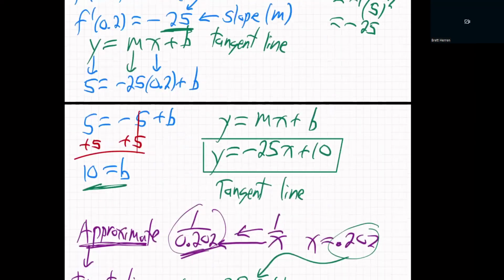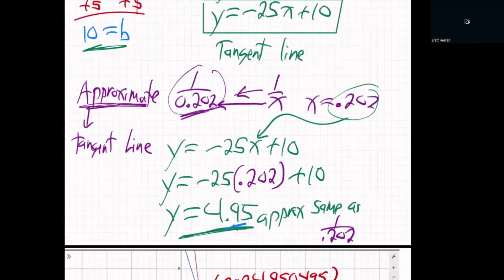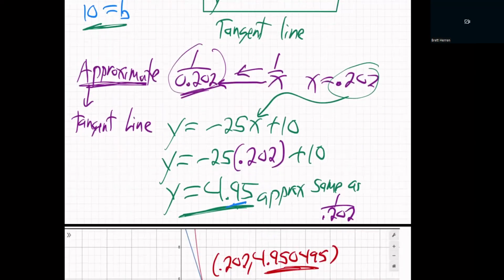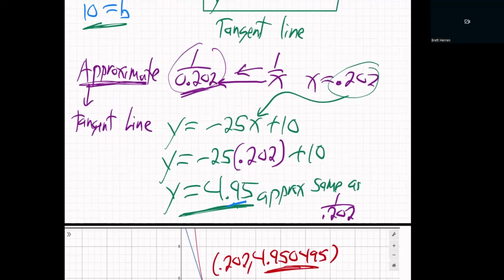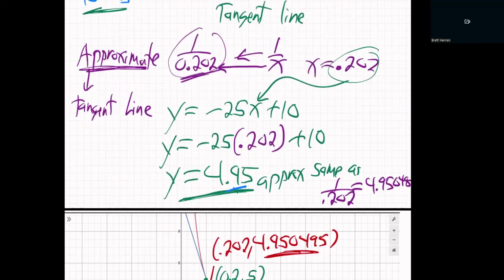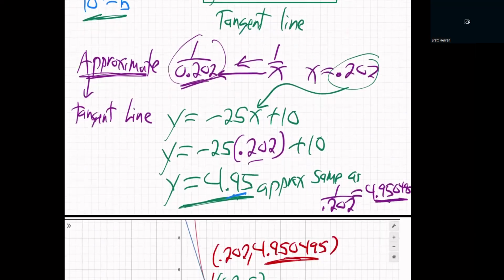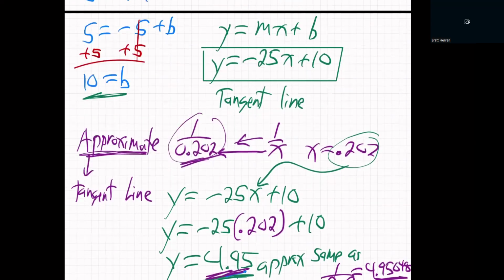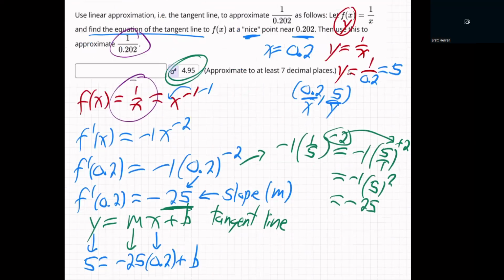So you can tell by the graph. Or we could just say it's approximately the same as that, which came out to 4.95049. Yeah, almost. So this is almost the same as this. And there we go. So that's what we're doing on that question.